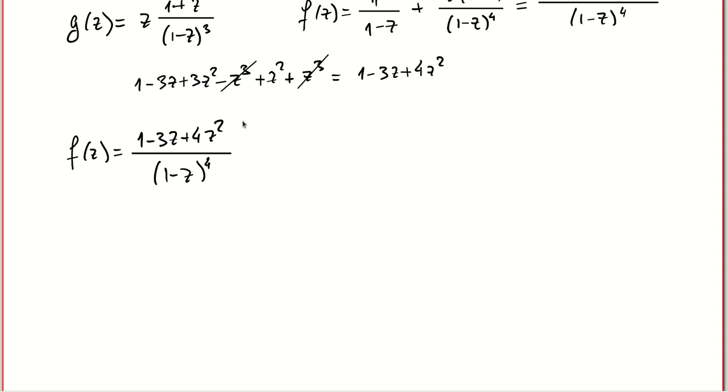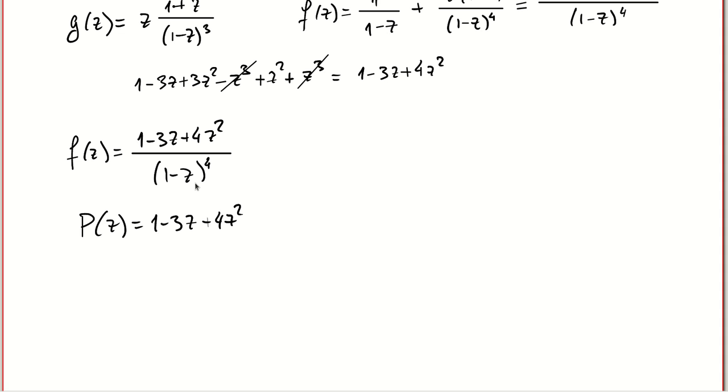You have this polynomial up here, let's call this p, which is 1 − 3z + 4z^2. What I'm going to do is to expand this polynomial in powers of 1 − z, or z − 1, in powers of z − 1.